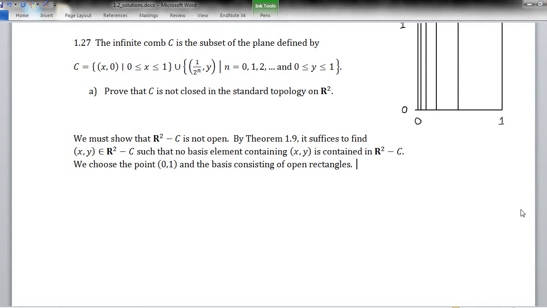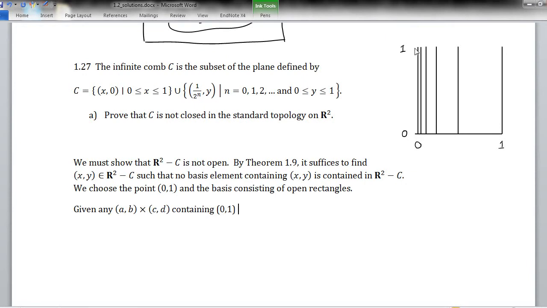All right, well, given any open rectangle (a, b) times (c, d), containing this point (0, 1), which, by the way, is the point right up here, right? Any other point on that sort of vertical interval would do, except for maybe the origin itself, but we'll use this one.